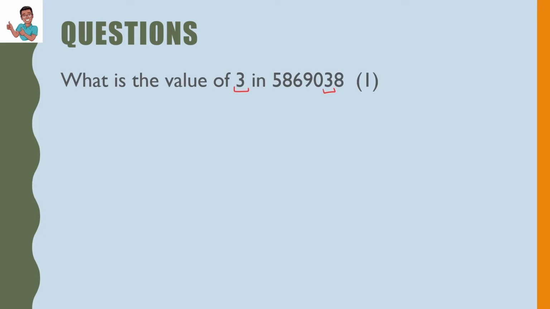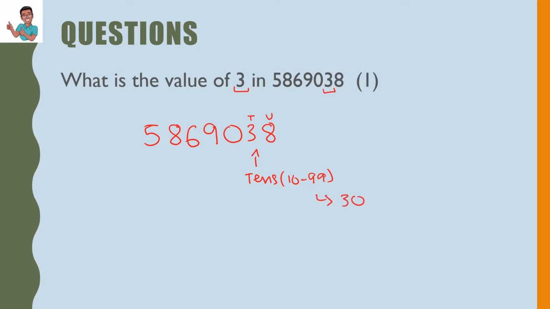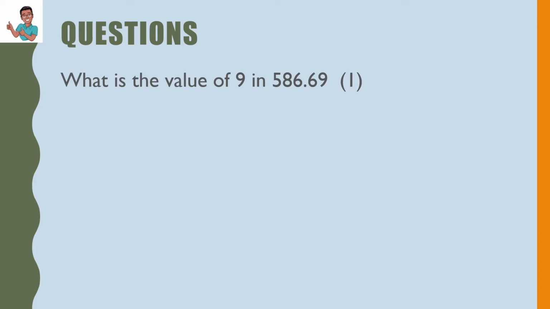We're looking for the number 3. We'll write down the number. Now we write units and tens. We know that 3 is in the tens column, and we know that tens have the value of 10 to 99. So therefore 3 must have the value of 30. Try this question.